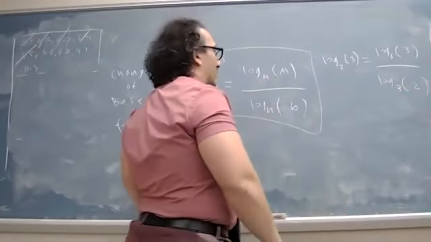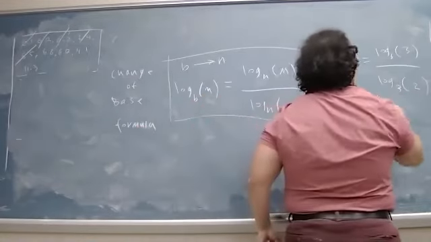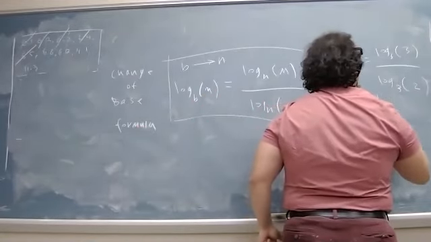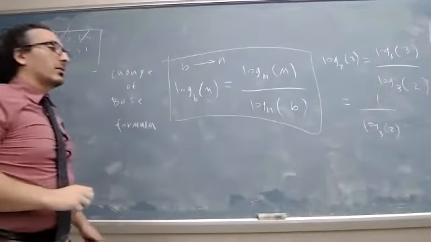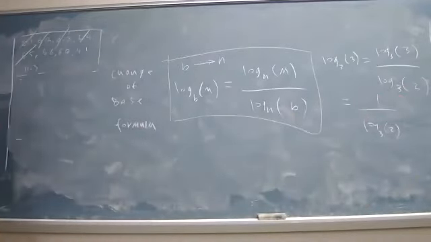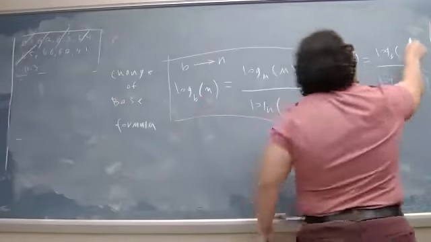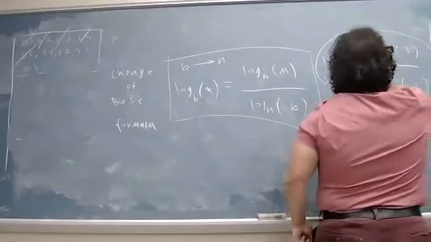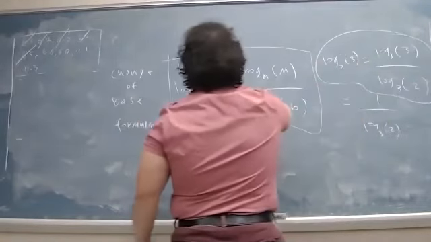But in terms of actually computing what that value is, this doesn't help a whole lot, because this ends up becoming 1 over log base 3 of 2. And the log base 3 of 2 is just as hard to figure out as the log base 2 of 3 analytically. But it does demonstrate the change of base formula. Over here, 2 is playing the role of b, 3 is playing the role of m.